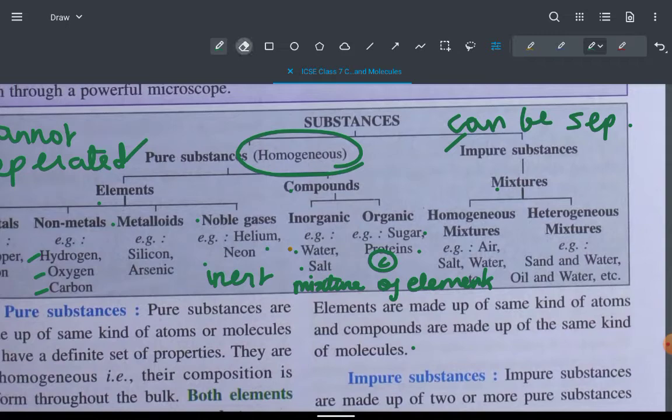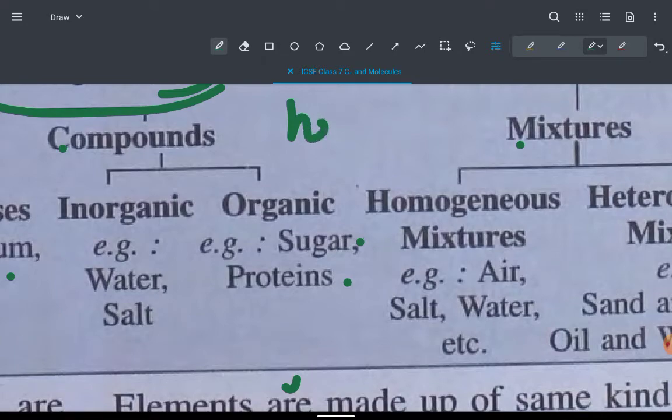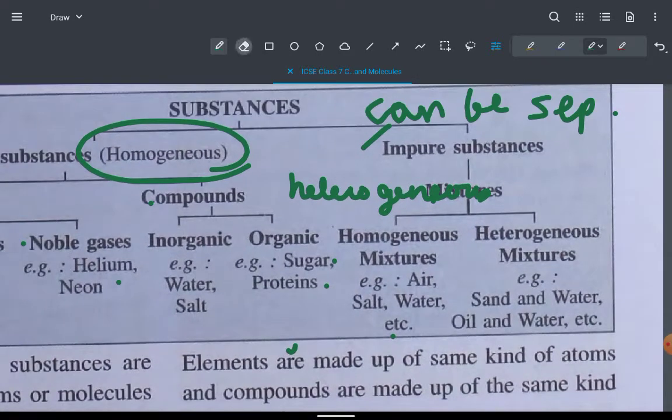And impure substances are all these things which are mixtures. They are heterogeneous, whereas these are homogeneous. Impure substances are heterogeneous, alright? Or they can also be homogeneous. Usually they are heterogeneous.